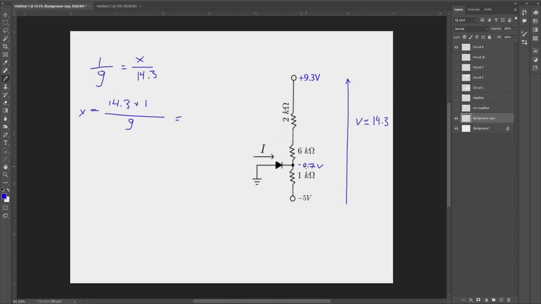With reference to ground, what is the voltage drop across this resistor now when the diode is connected? The difference between those potentials gives us 4.3 volts, and it's this way here across this resistor.